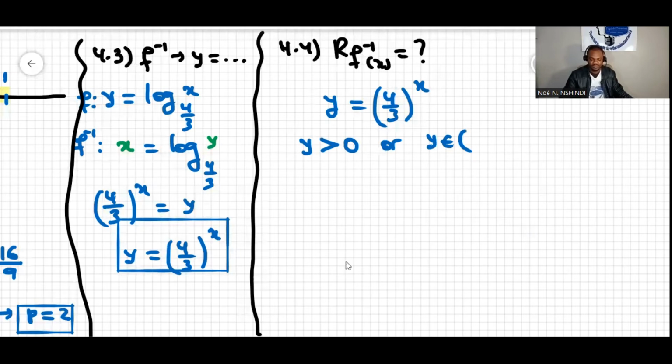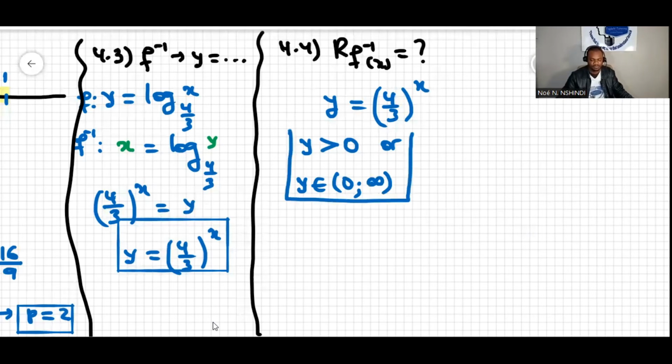Let's write it underneath. I'll write it here. y is an element of the interval 0 to positive infinity, like that. So this is the solution.